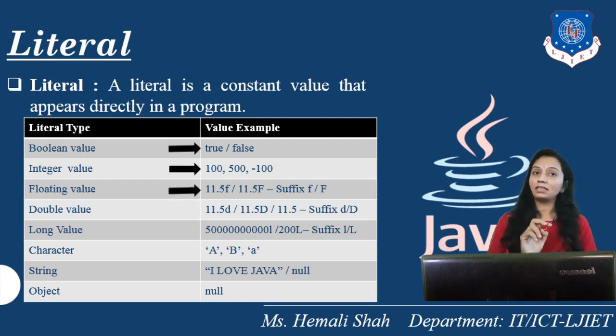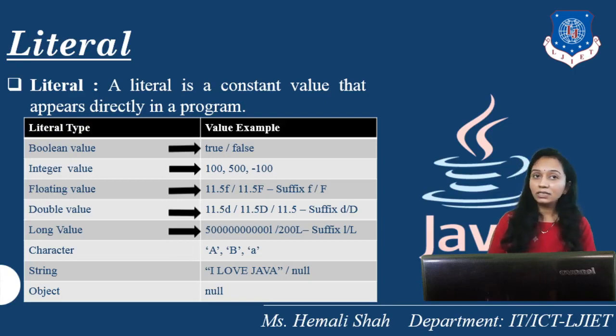You have to specify the f whenever you are making a floating point variable. Now to make a double kind of literal, don't use any suffix, or just use small d or capital D. If you are not going to use one, then also it actually makes a literal of double value, right? But if you want to specify, then you can use small d as well as capital D.